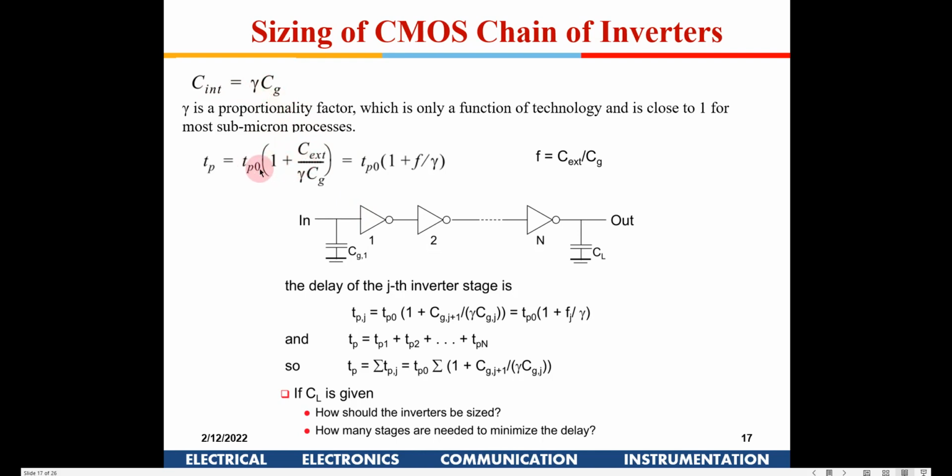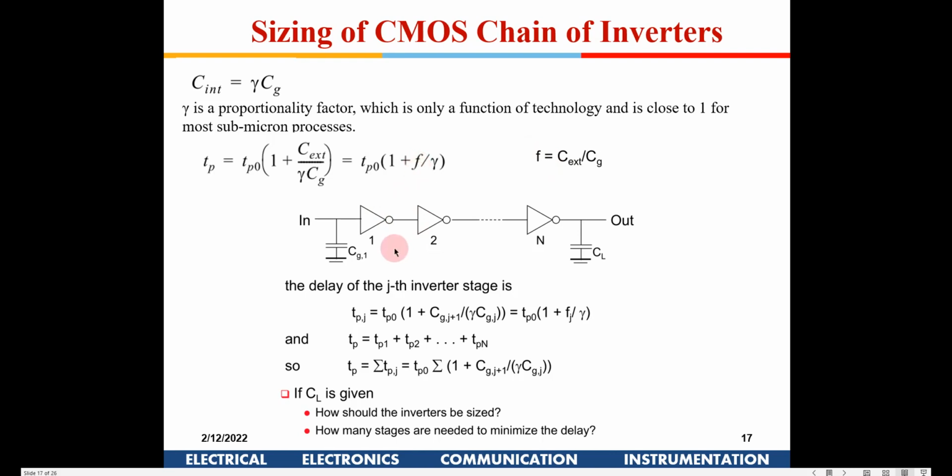So now I write TPO as C external divided by, instead of C internal, I am writing gamma CG. Now if you see here, this ratio, C external by CG, I am calling it F, small f. So I replace it by small f here.